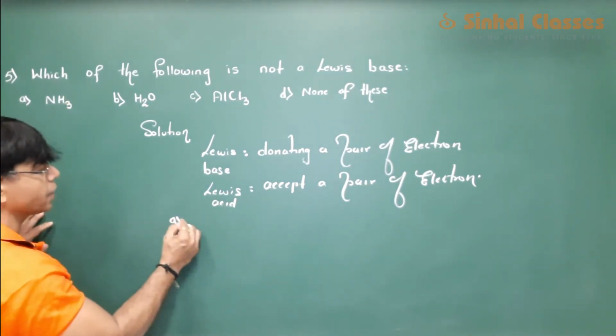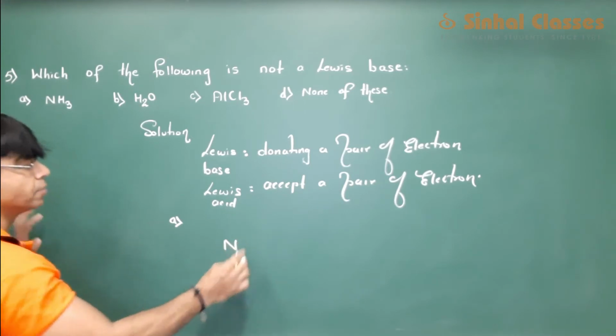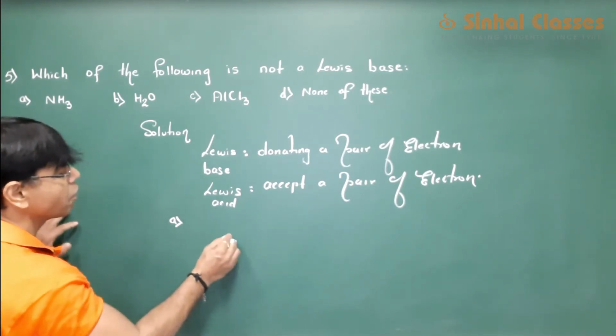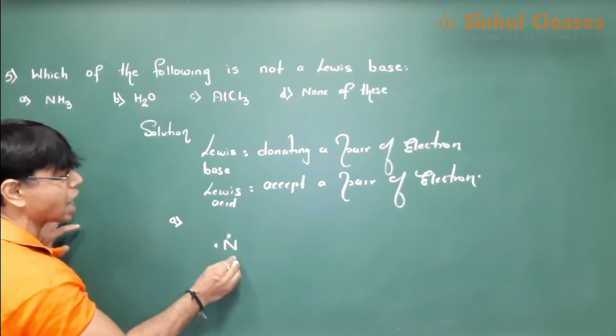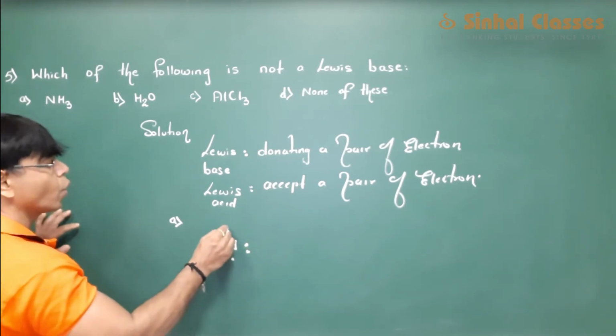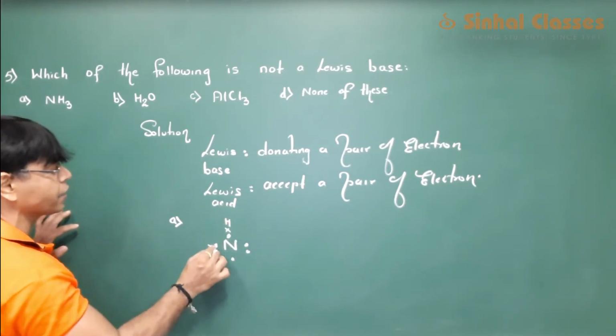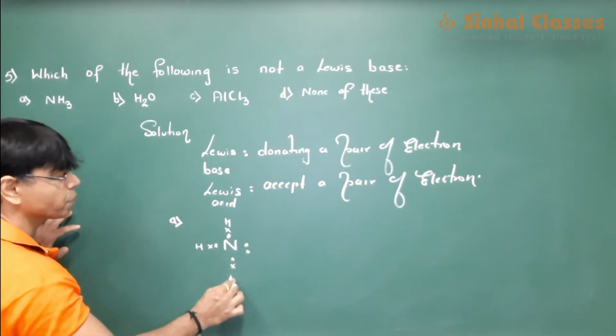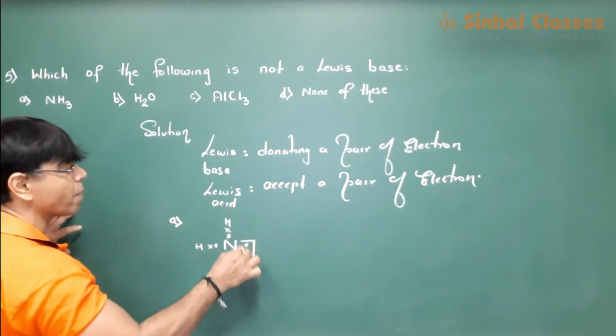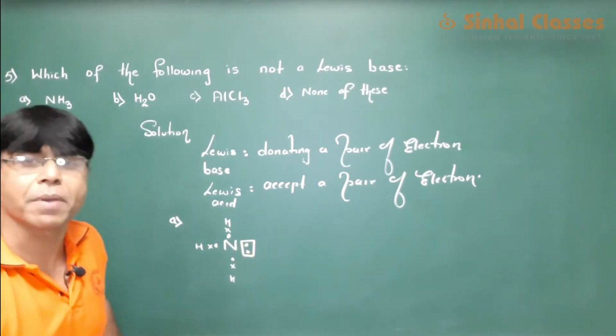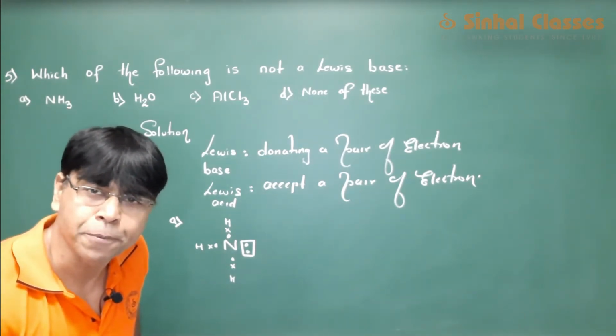First option, if I take ammonia, nitrogen has 5 electrons in its outermost shell. 1 electron it is sharing with hydrogen. It has 1 lone pair which it is capable of donating.